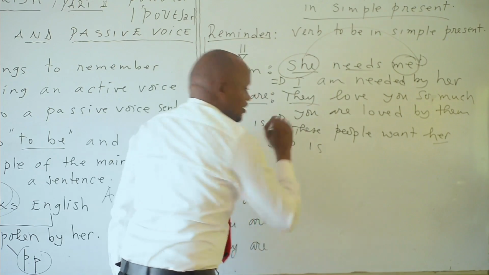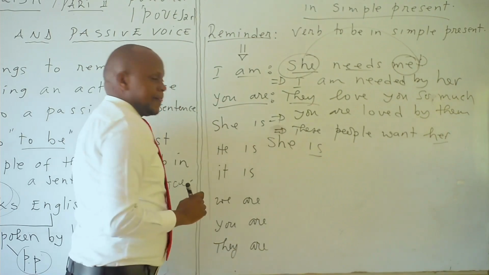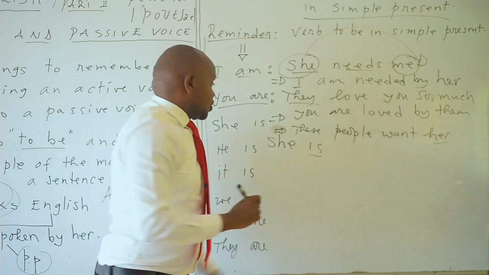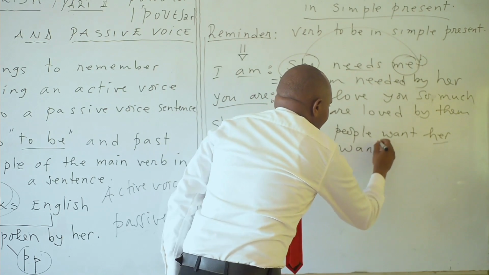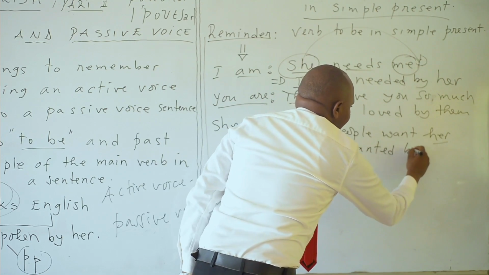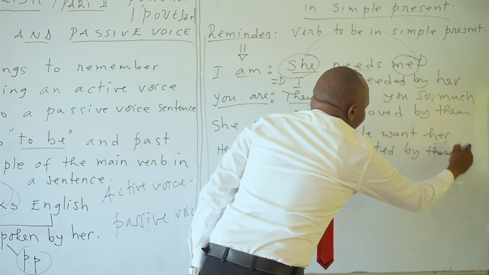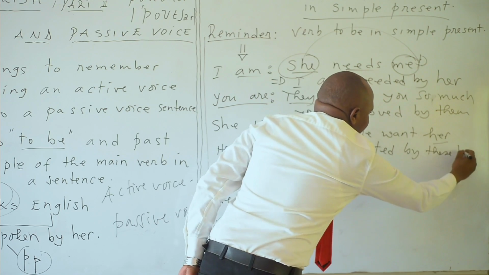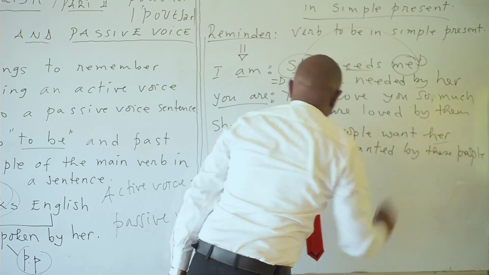She is, okay, verb to be. Then we are going to get past participle verb to want. She is wanted. Do you see here? She is wanted by these people. Aba bantu baramushaka, arashakwa n'aba bantu. She is wanted by these people.